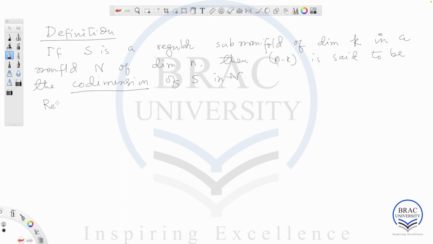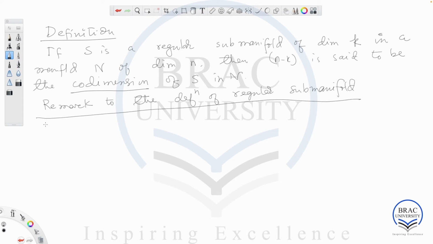Good. Now a remark to this definition, the definition of regular submanifold. As a topological space, a regular submanifold of N is required to have the subspace topology.